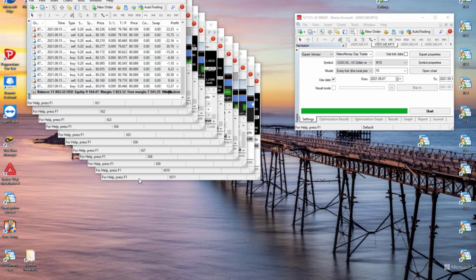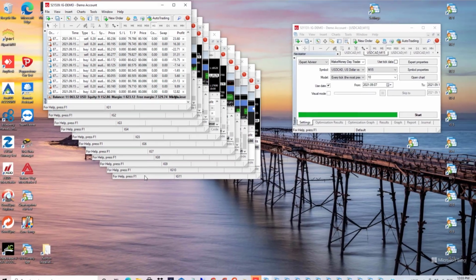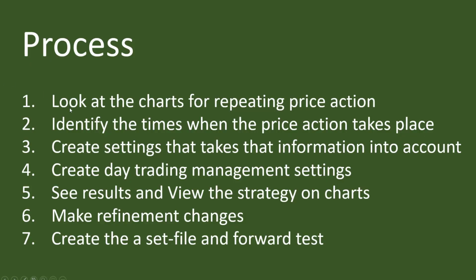So what we're going to be doing with IG11 is trading that set file for the 15-minute CAD into the future week. So let's have a look at the process, and we have looked at the charts for repeating price action. We've identified the times when the price action will take place. We've created settings that take that information into account, and also the proposed strategy that we're going to be trading. We've created day trading management settings by setting day targets for losses and for profits. We've seen the results.